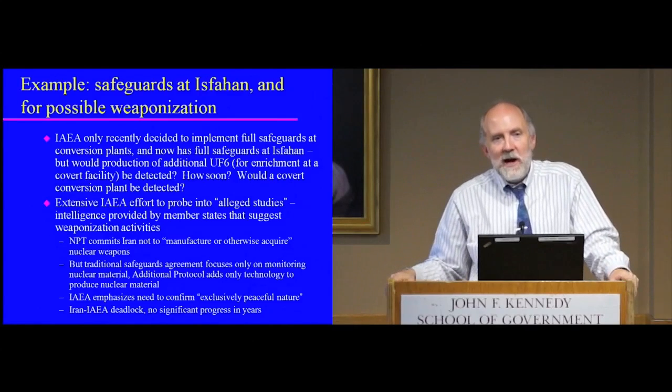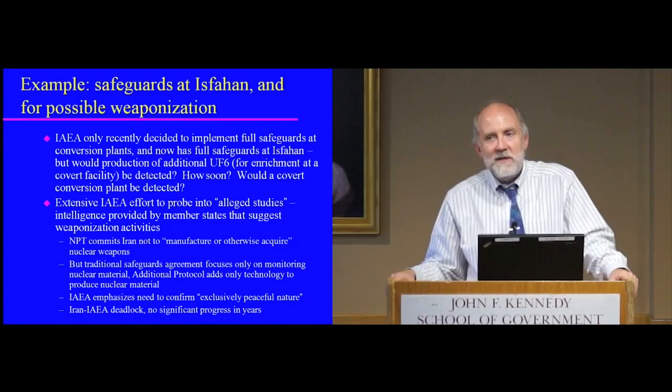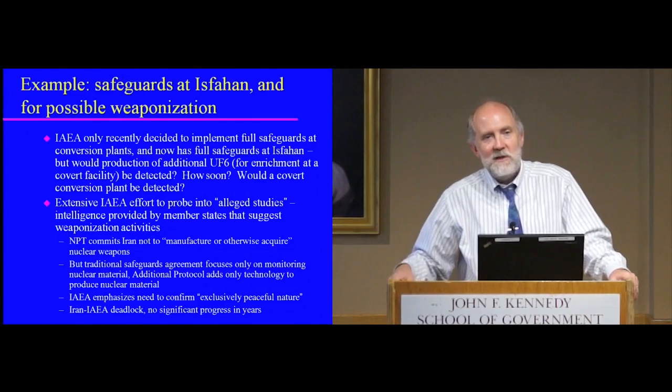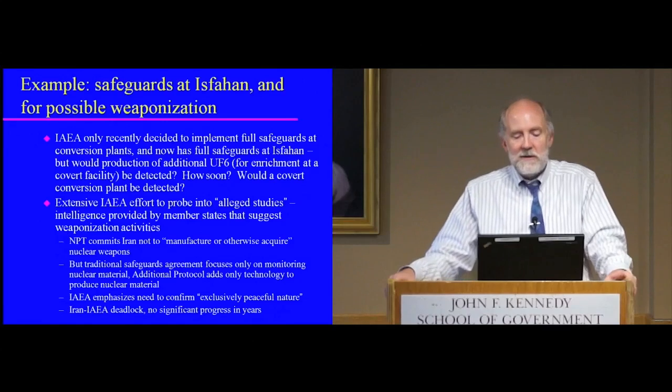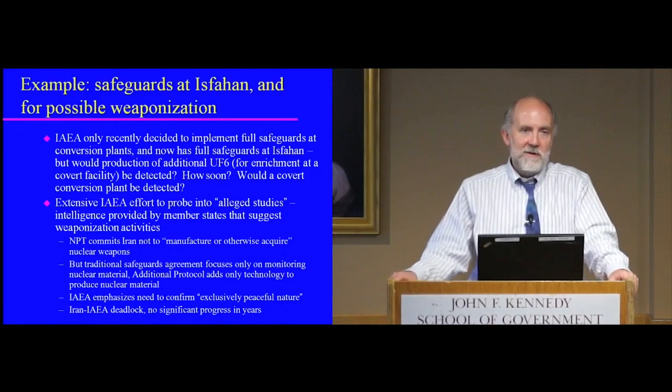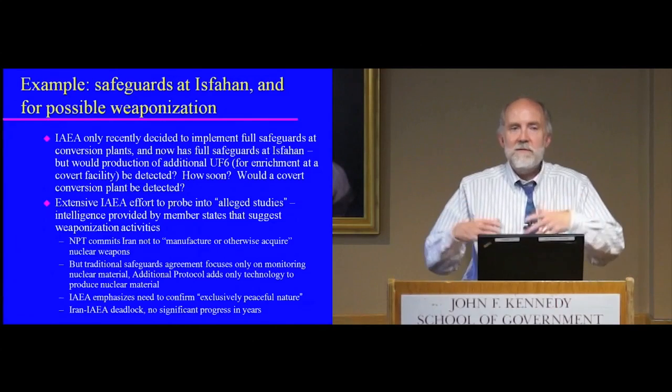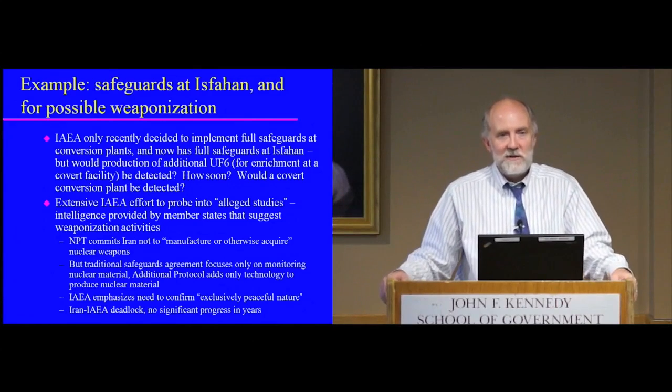But if you think about it, having a secret stock of uranium hexafluoride would be the key for having your secret centrifuge enrichment facility. So the IAEA concluded we've got to safeguard Isfahan for that reason, and there's no way we're going to be able to safeguard Isfahan unless we safeguard other countries' conversion plants as well.